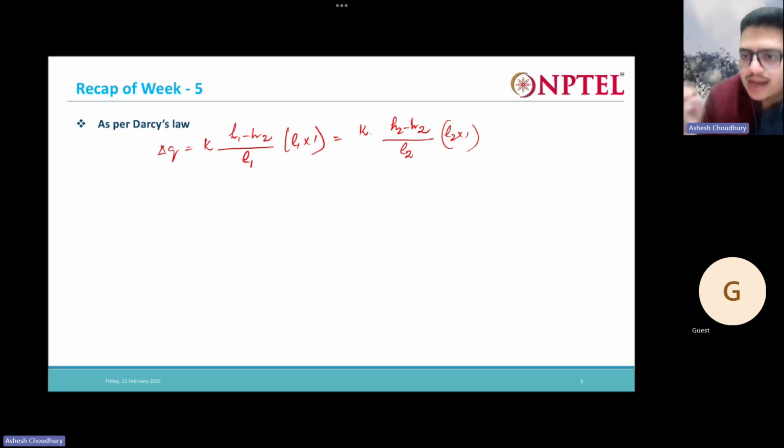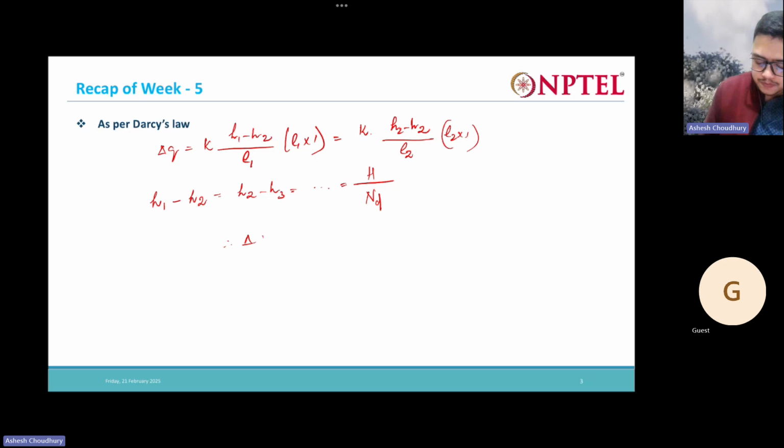Since these are square elements, the dimensions are the same. Now H1 minus H2 is equal to H2 minus H3, and so on. You can write this as H, the total head loss, by Nd, the number of potential drops. Therefore, delta Q, that is the flow through each channel, is this.